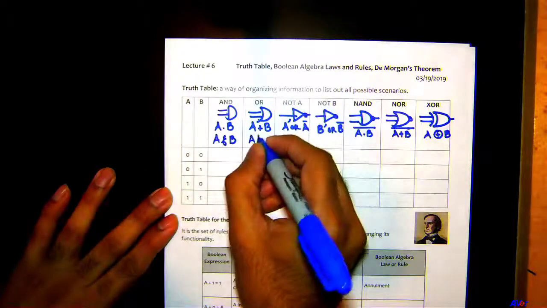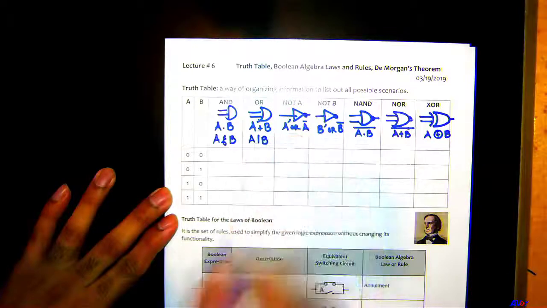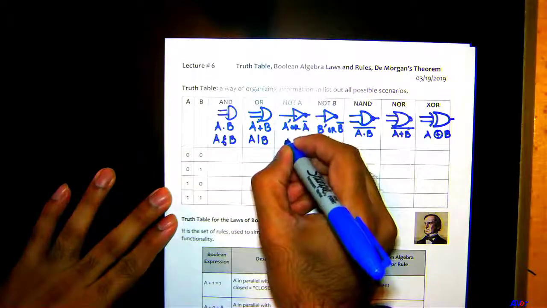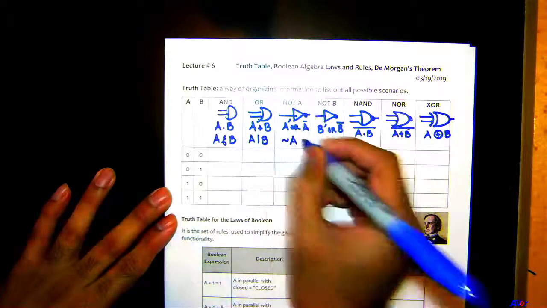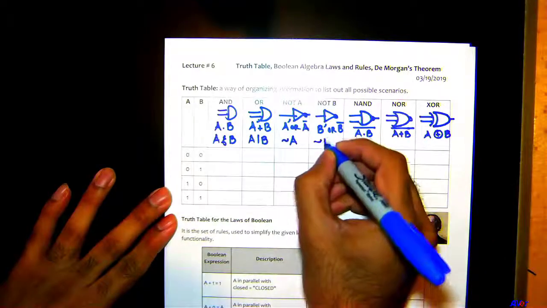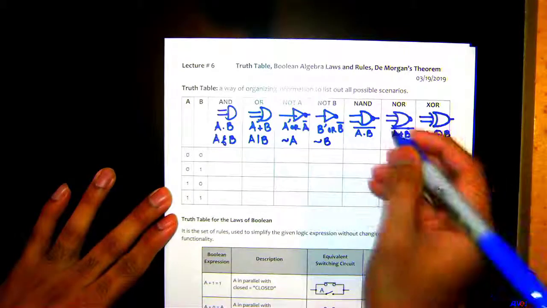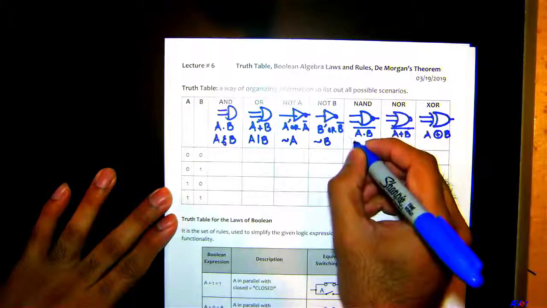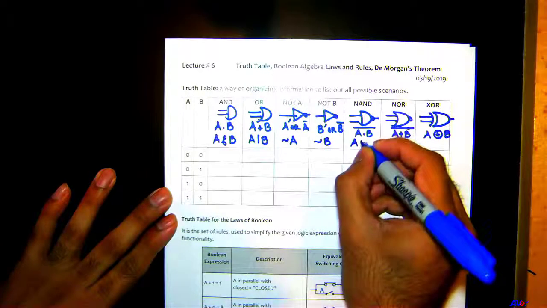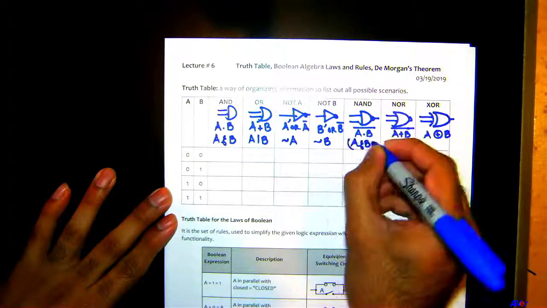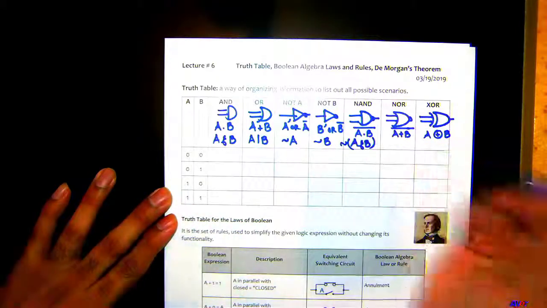A, this vertical line, and B, correct? So A, not A would be this tilde sign with A, not B will look like this.